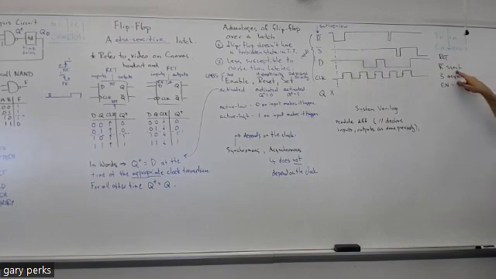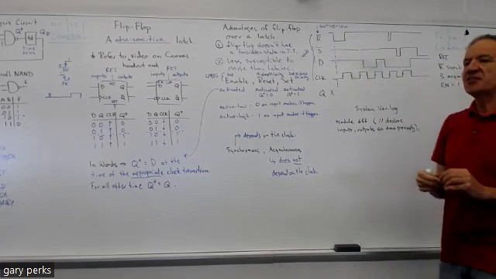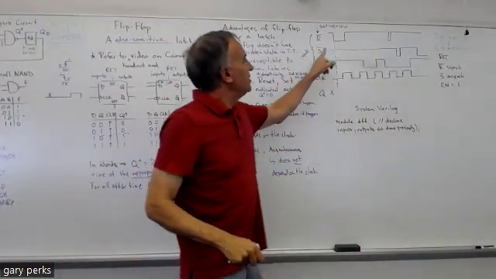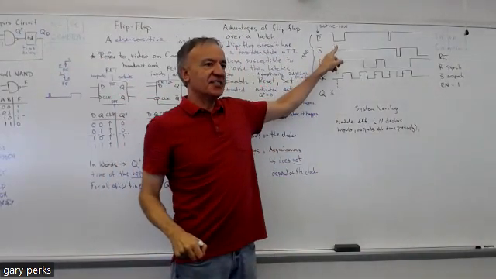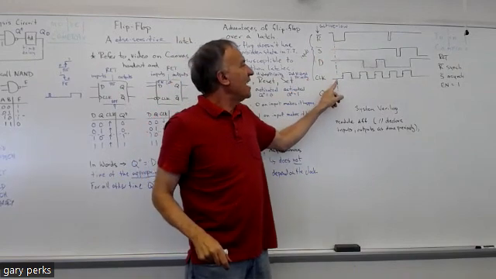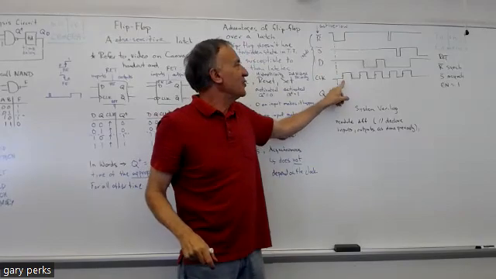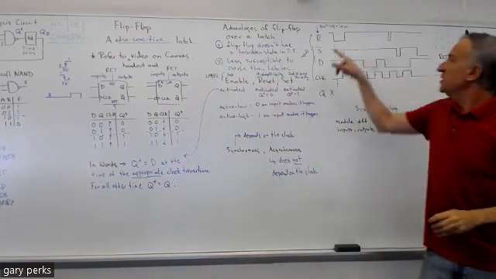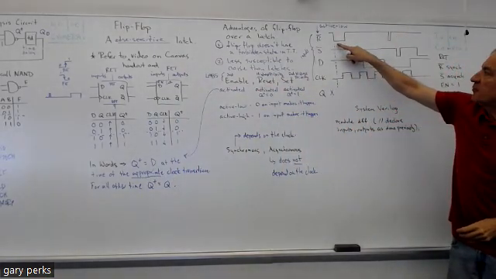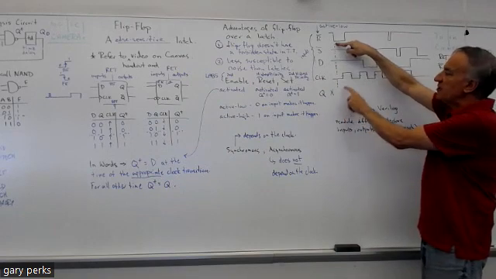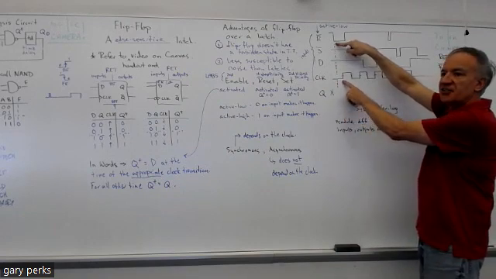Now, the active low reset is synchronous, and synchronous depends on the clock. So what this means is that even though the reset went to the active value, the active low to 0, it won't actually happen until it's active low at the time of the appropriate transition of the clock. So even though the active low reset went to a 0 at this time, the Q output actually won't go to 0 until this clock transition occurs.